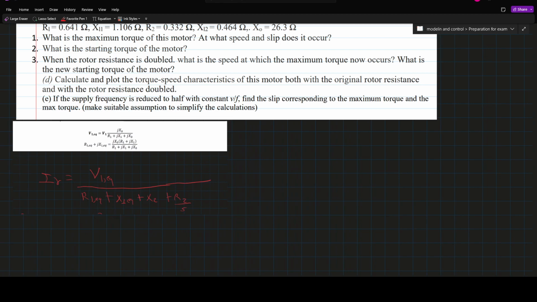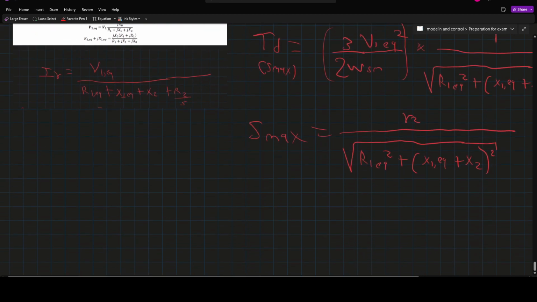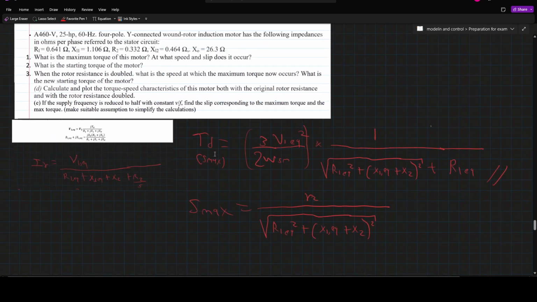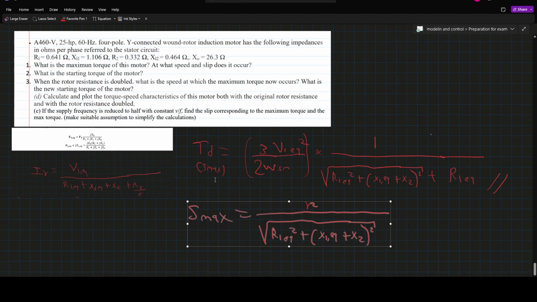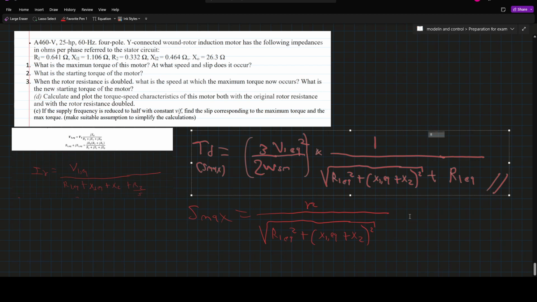And we use the maximum power transfer theorem to get these formulas for our maximum slip, and then we plug this value into our formula for torque.